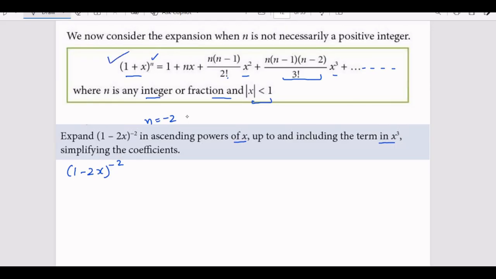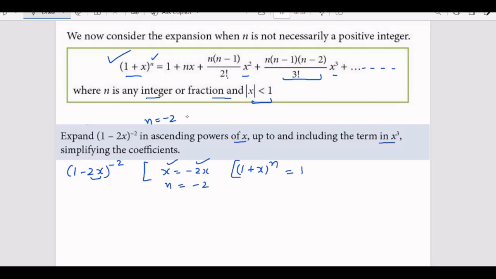If we compare with the expansion of 1 plus x to the power n, in this case our x is negative 2x, meaning instead of x we have negative 2x. And our n is negative 2, which is a negative number.